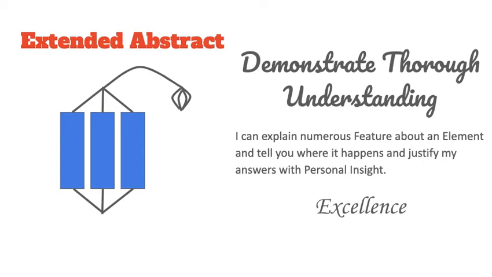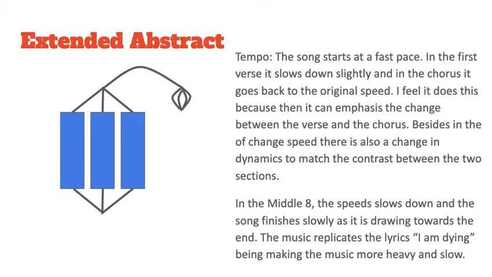Personal insight is you giving your own opinion. It's you being able to grasp some other information that you have found that you can then put into your answer. It's you justifying it with other information that you may have found or that you already know. So here is an example. Tempo: the song starts at a fast pace. In the first verse it slows down slightly, and in the chorus it goes back to the original speed.